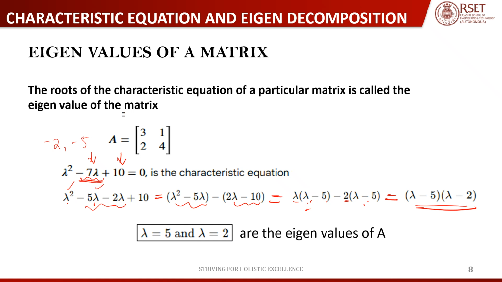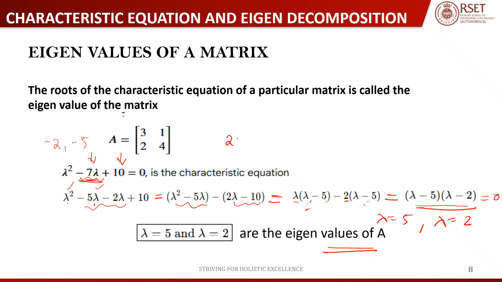So after factorizing this into linear terms, you can see this particular equation is equal to 0 when lambda is equal to 5 and lambda is equal to 2. So these particular values, which are the roots of the characteristic equation, are called the eigenvalues of A. Okay, so the eigenvalues of a particular matrix are the roots of the characteristic equation.